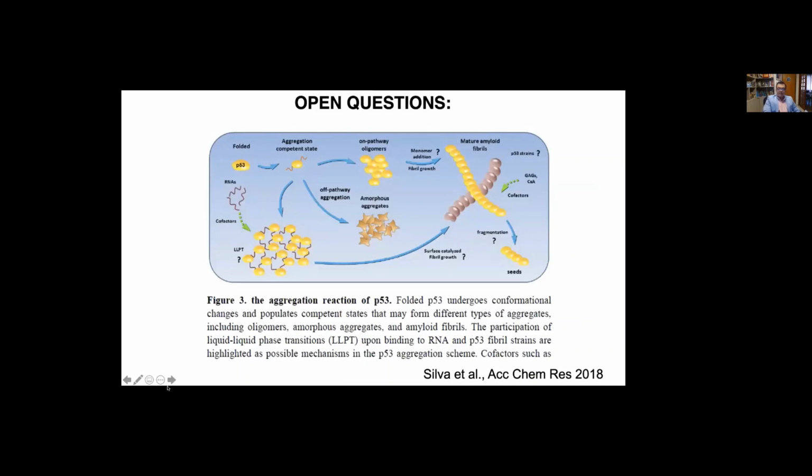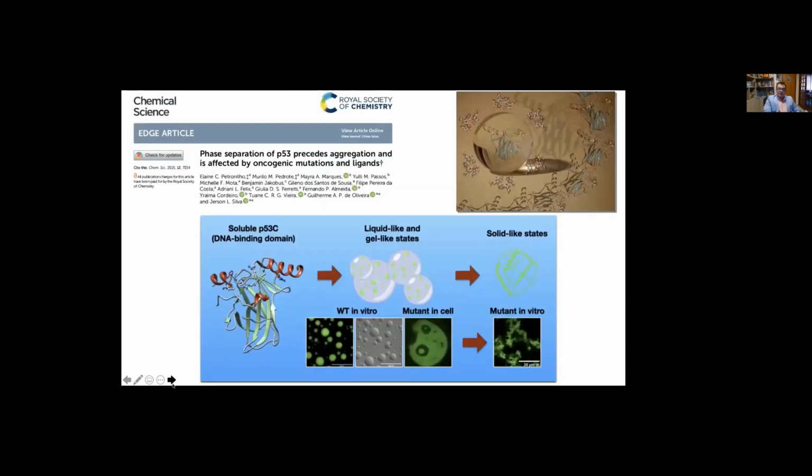And the last point I want to stress is that we are still far from understanding what is going on, because to have this gain of function at some point, these oligomers, we don't know if they are phase separated or not, eventually need to bind to nucleic acid.